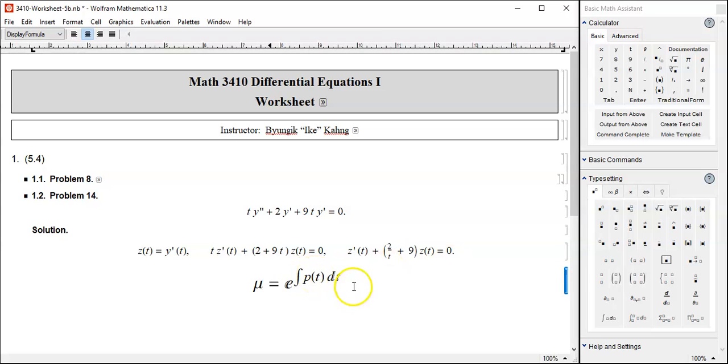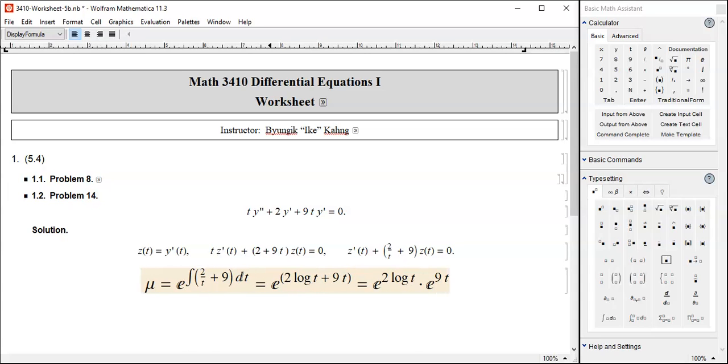Antiderivative of 2 over t is 2 log of t, plus antiderivative of 9 is 9t, so we get this expression. And then we can easily work it out. e to the 2 log of t times e to the 9t like this.